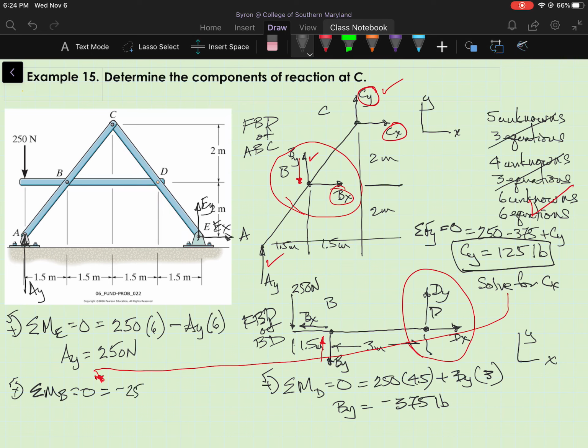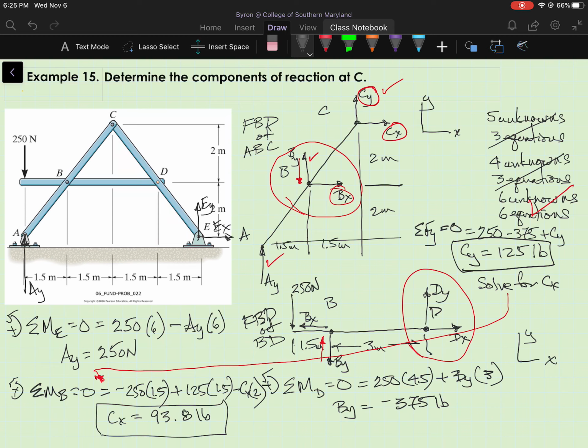So it's going to be a negative 250 times the 1.5 meters plus C sub y about B, and C sub y is 125 at 1.5 meters, and minus C sub x times 2. Sorry for squeezing that in there. And when I solve that for C sub x, I get 93.8 pounds.